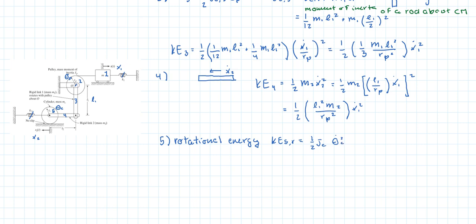Well, JC is the moment of inertia of a cylinder spinning around its central axis, and that's equal to 1/2 times its mass times its radius squared.